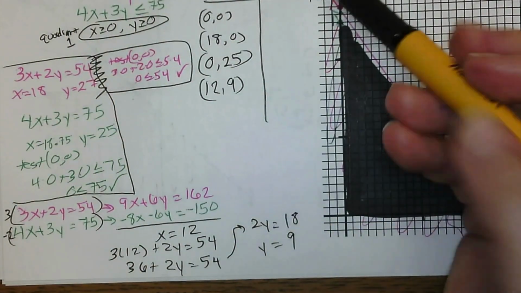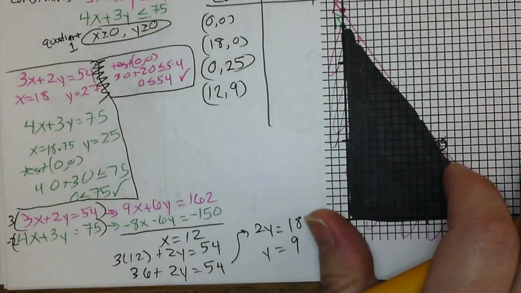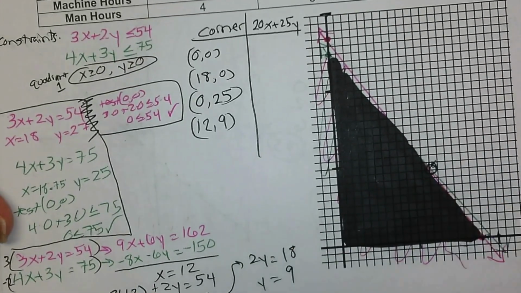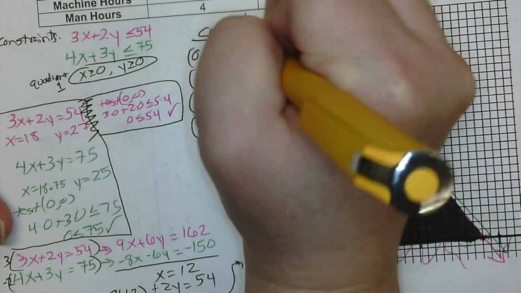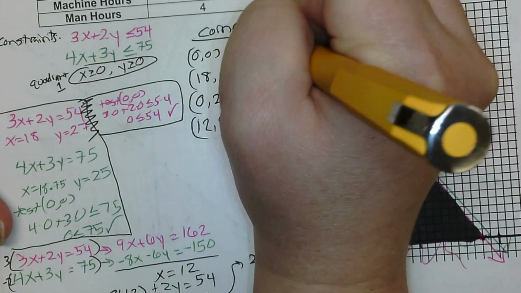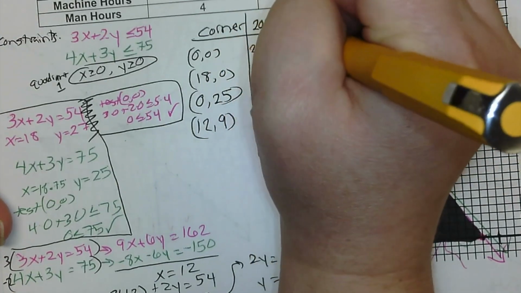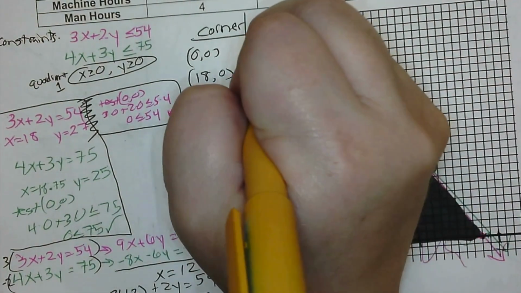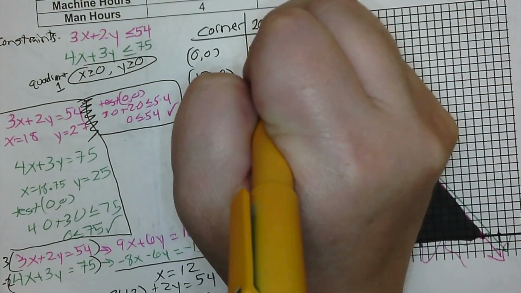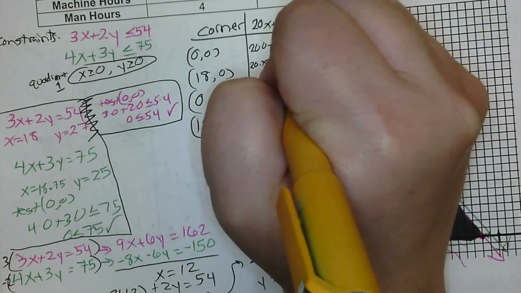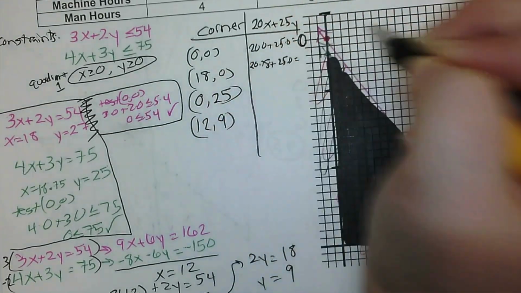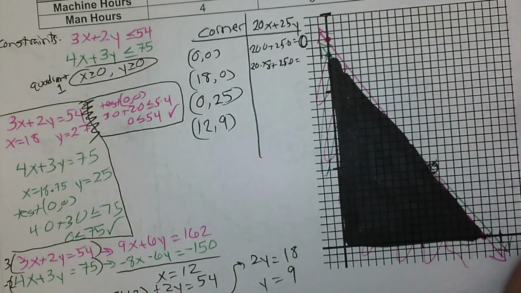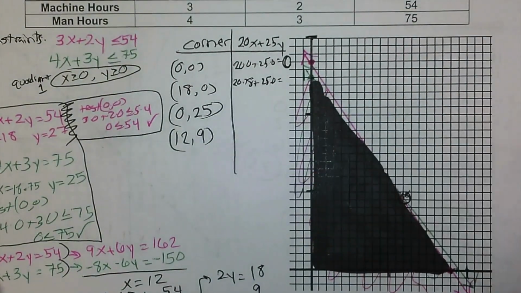Now, all of these points need to go into your objective function. So 20 times 0 plus 25 times 0, 0. This one, 20 times 18 plus 25 times 0. 20 times 18, that's 2 times 18, which is 36.